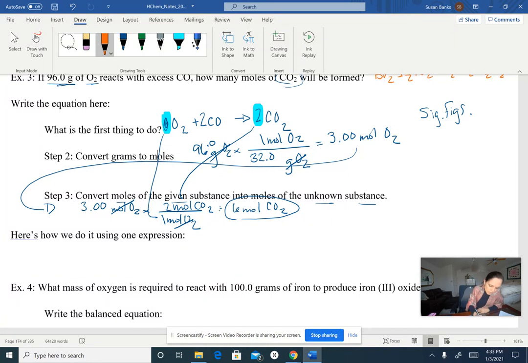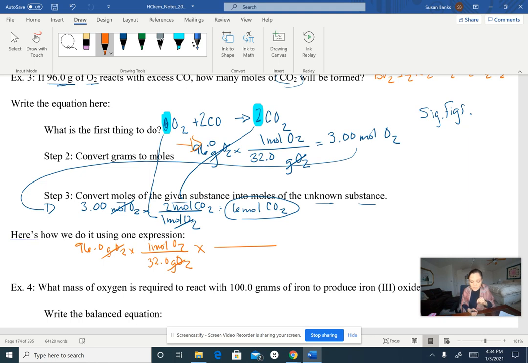So let's string that together. Okay, so I've got the 96. Oh boy, that color change came pretty late, didn't it? I've got 96 grams of oxygen. And in 1 mole of oxygen, I've got to get it into moles, I have 32 grams of oxygen. So that was this first step right here. Now, my grams of oxygen canceled out, but I don't want moles of oxygen.